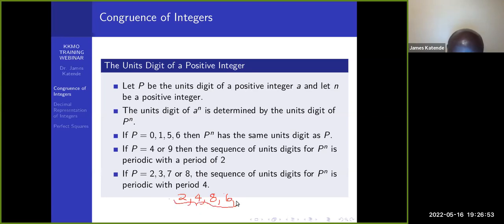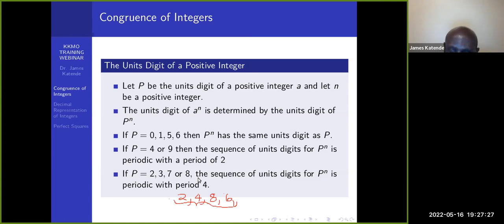So this is how the units digit will alternate if the units digit of our number is any of these 4 numbers. So this characterizes all the possible cases, and it can allow you to study the units digit of the power of a number depending on the last digit of that number.